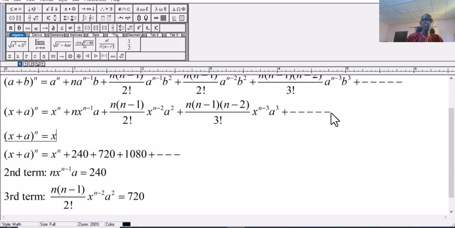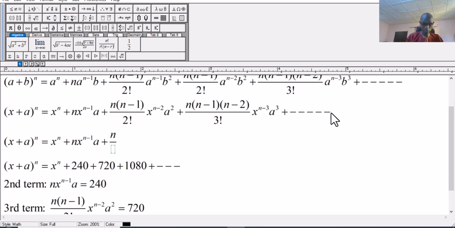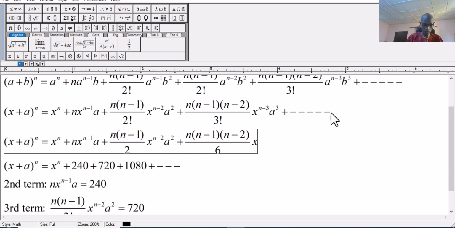So the power of n, plus x^(n-1), now 2 factorial will be n(n-1) all over 2, plus the next one, which is n(n-1)(n-2), 3 factorial will give you 6. So we have x^(n-3) to the power of 3.